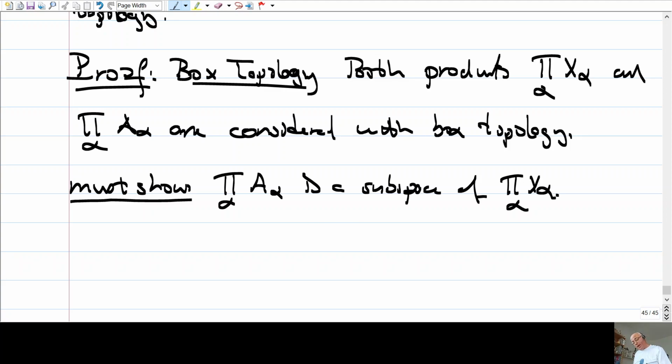We will do this, and then we'll prove the same thing for the product topology, where both of them have the product topology. But let me just stop here for today.